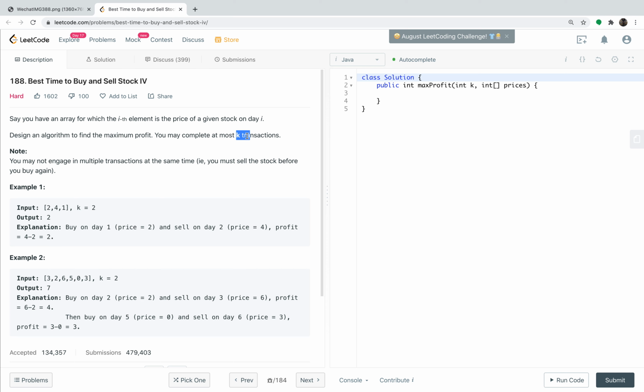A very basic solution is that you can immediately translate the method we used in the number 3 question, so that we do the process k times such that we find the final solution.